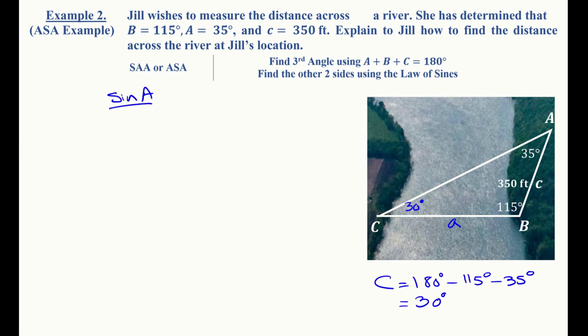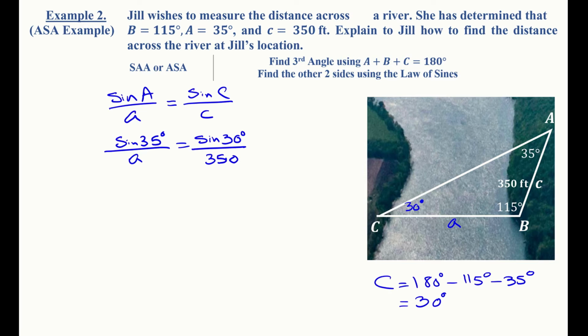So sine of A over a equals, and of course the two we want to get involved are these two because we know their values. So sine C over C. So A we know is 35 degrees, so sine 35 degrees over a, the unknown, equals sine of C, which is sine of 30 degrees, over C, which we know is 350.